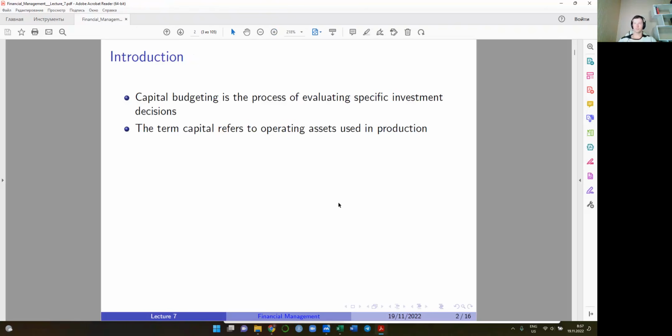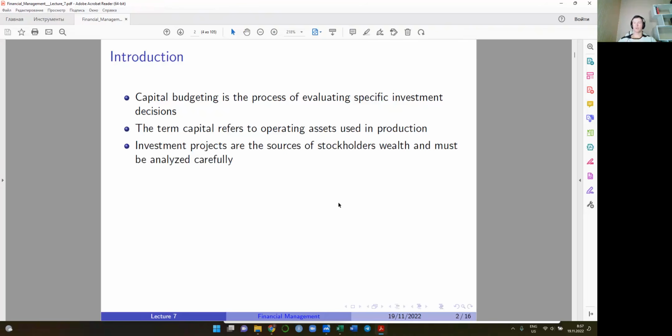This term particularly refers to operating assets. So it's not about financial assets anymore. We are not talking about bonds. We are not talking about stocks. We are talking about operating assets used in production: machinery, technologies, production lines, manufacturing, something like this.